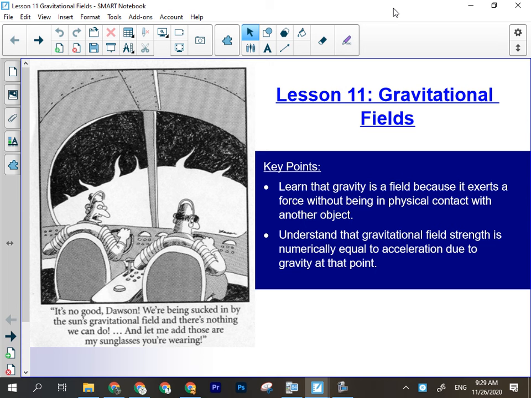So obviously both the Earth and the Moon have areas of gravitational influence, and those areas of gravitational influence overlap each other. That's why we have tides and stuff on Earth, because the Moon's gravitational field overlaps the Earth. And why the Moon stays in orbit around the Earth, because the Earth's gravitational field obviously overlaps the Moon. Everyone okay with that idea?